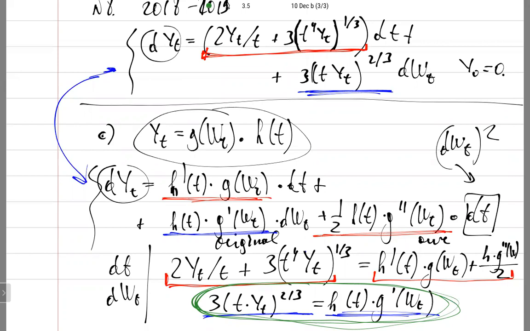Let's try to guess ht and g prime of w. First, I would like to change a little bit the power.